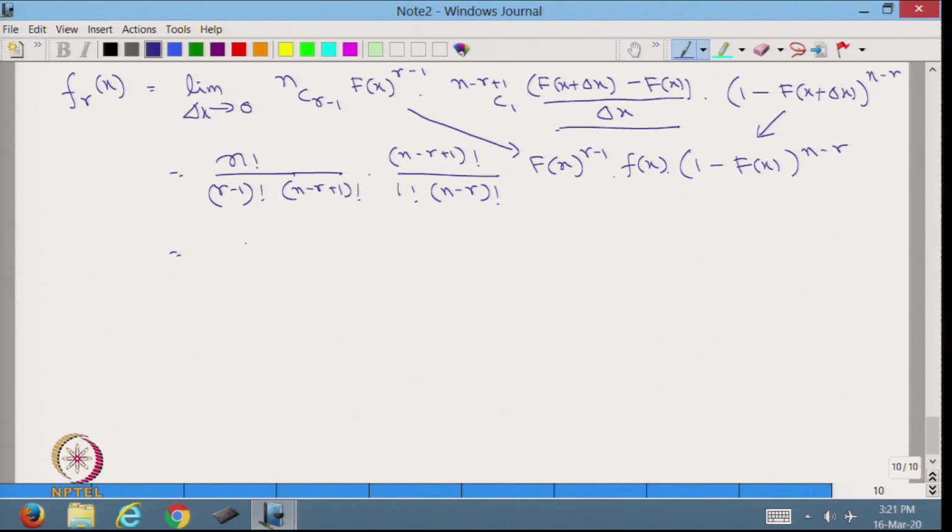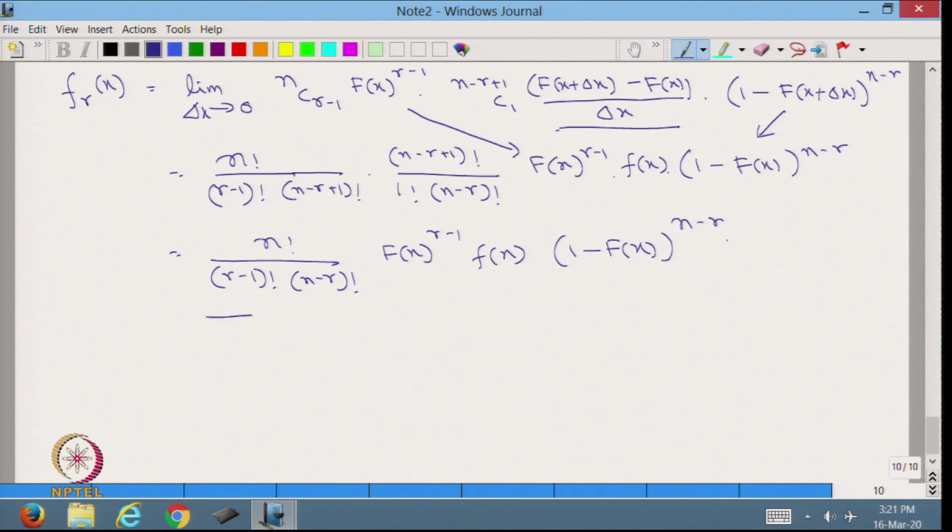So it is equal to n factorial upon (r minus 1) factorial (n minus r) factorial into F(x) to the power r minus 1, f(x), 1 minus F(x) to the power n minus r. So, this is mathematically justified, the way we have derived the formula.